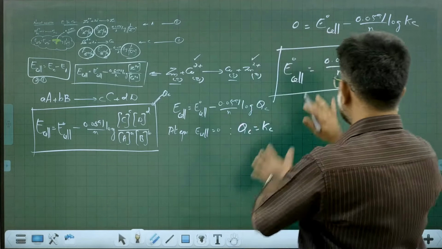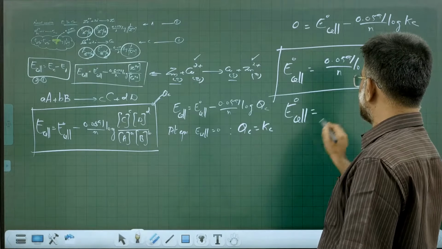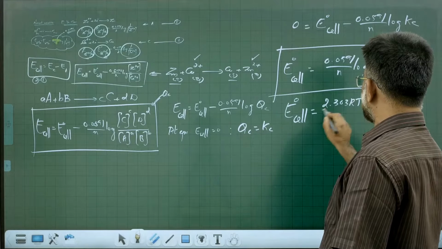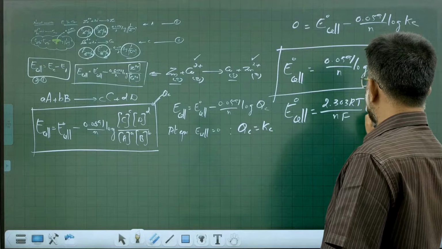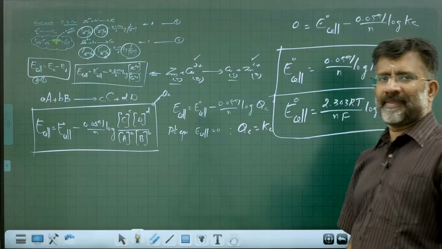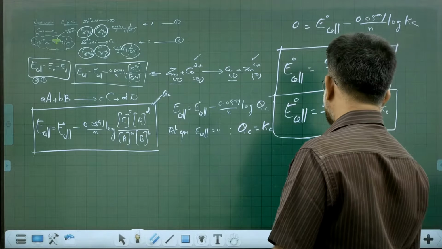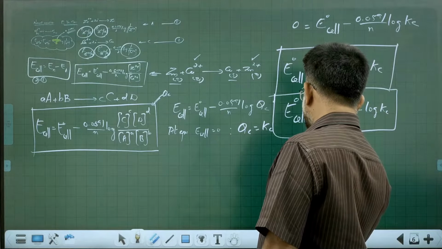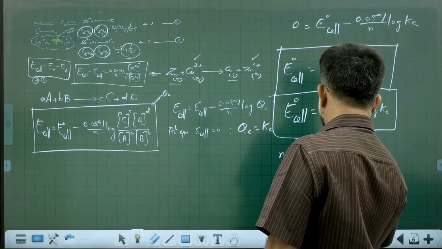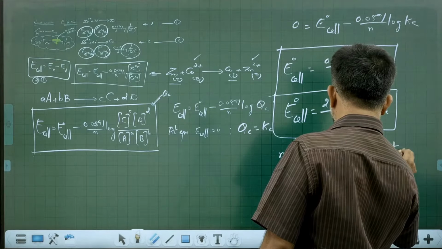Or applying the entire format, E naught cell is equal to 2.303 RT by nF log Kc. Or nF E naught cell is equal to 2.303 RT log Kc.